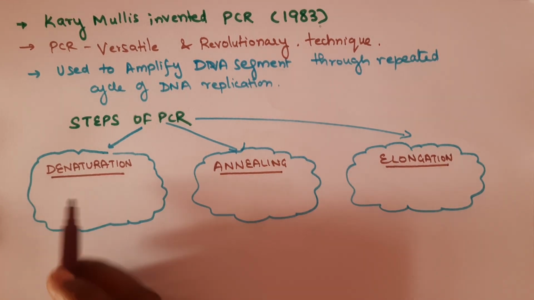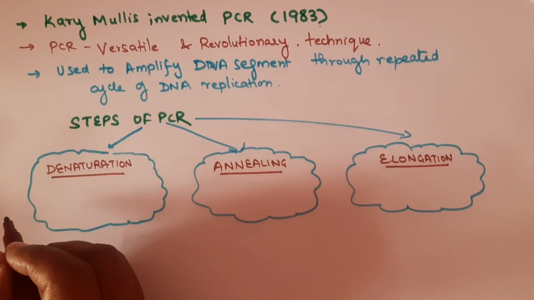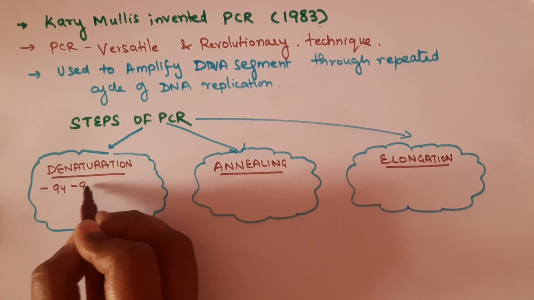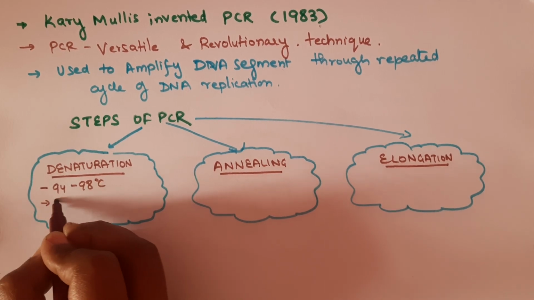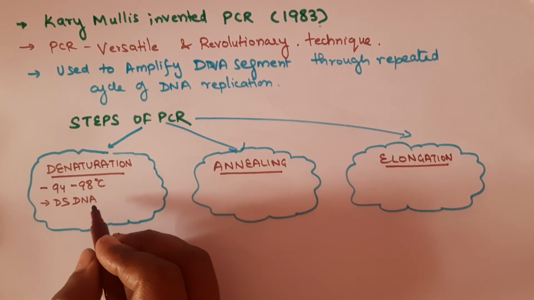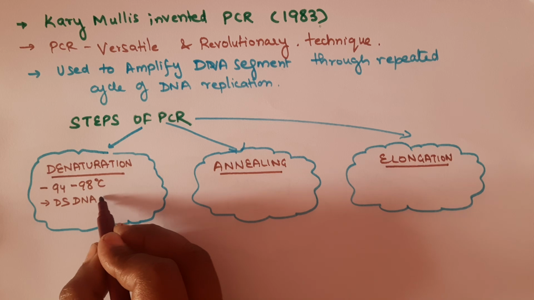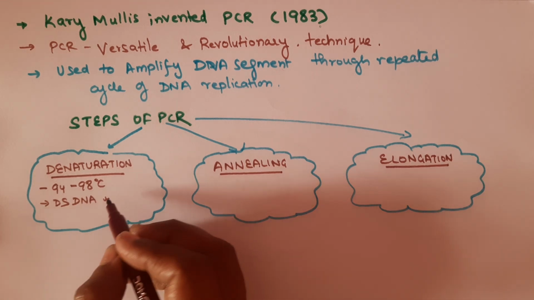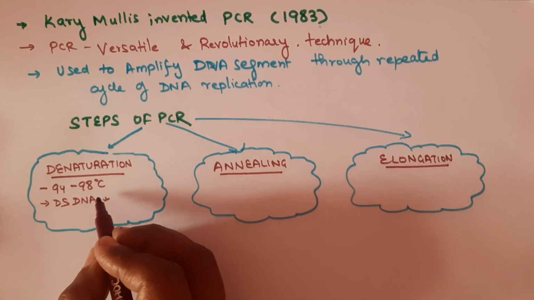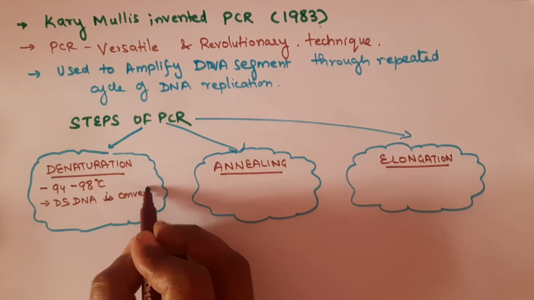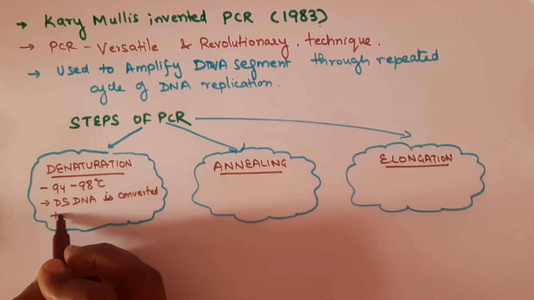In this denaturation step, the double stranded DNA is heated to a high temperature, that is 94 to 98 degrees Celsius. This temperature will break the hydrogen bonds between the 2 strands and separate them into single strands. So double strand DNA is converted to single strand.